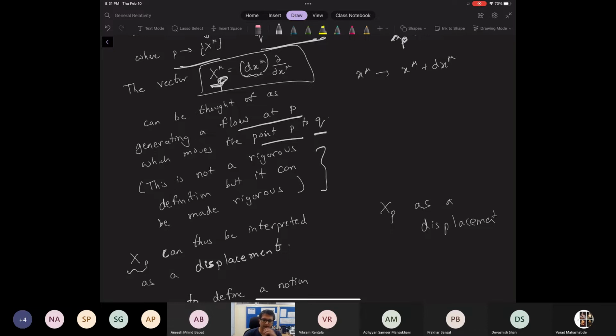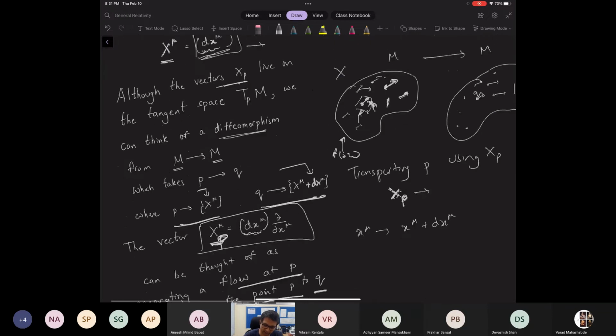All it's doing is changing the value of the coordinate, but that doesn't tell you the distance that has changed, because we don't yet have a notion of distance. We just have a notion of coordinate and how much the coordinate has changed. A vector xp at a point gives you such a notion of displacement, without distance. Is this idea clear?